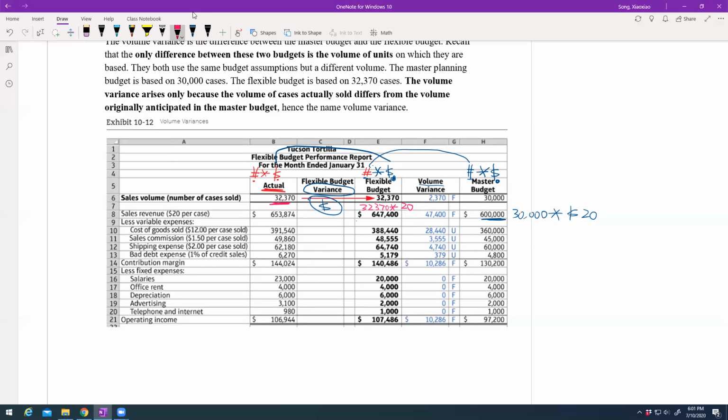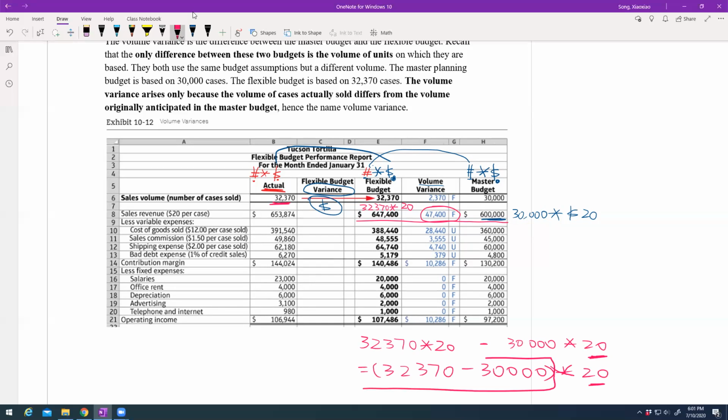So you can find the variance, why we have this 47,400 favorable difference: 32,370 times 20, this is the flexible budget, minus 30,000 times 20. If you do the math, it is 32,370 minus 30,000, and then times our $20 each. So the selling price is the same. The only difference is that we have different volume.